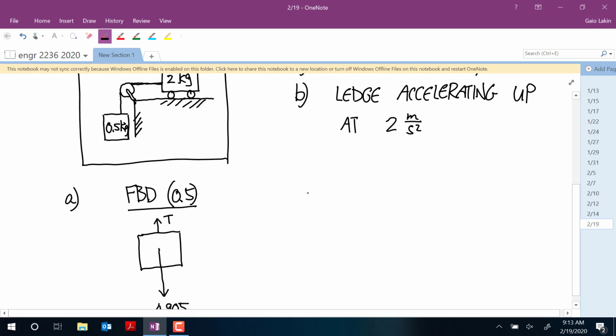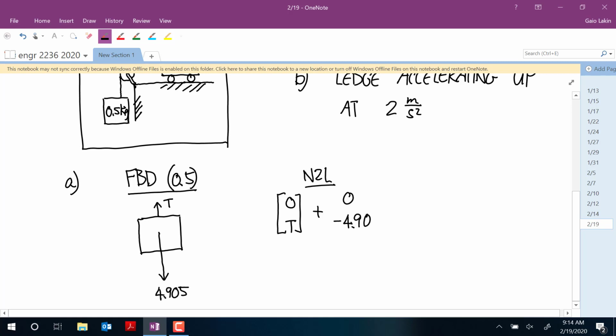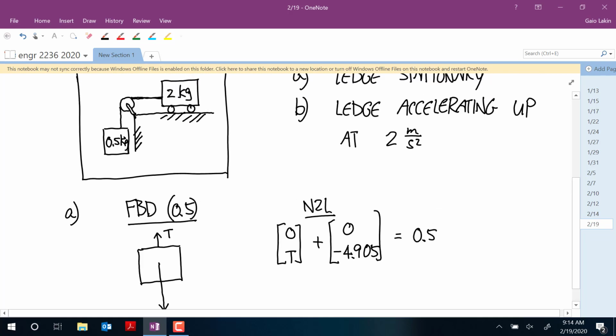And now we can go to Newton's second law. Newton's second law says 0 T plus 0, negative 4.905 is equal to the mass times the acceleration. Is there anything we know about the acceleration just from the way the problem's set up?